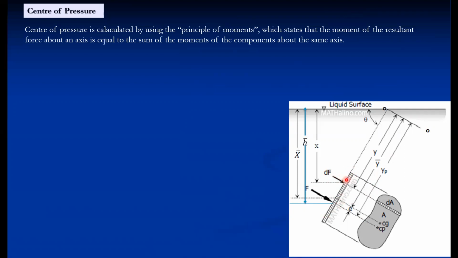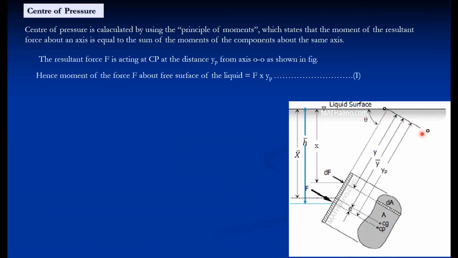So there are multiple dF values if the surface is divided into a multiple number of strips. So the sum of moments of all such components about the same axis, according to the principle of moments. We apply this principle. The resultant force F is acting at Cp and at a distance Yp from the reference plane OO as shown in the figure.